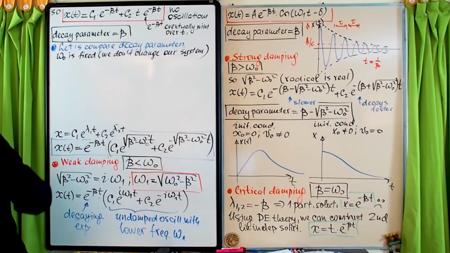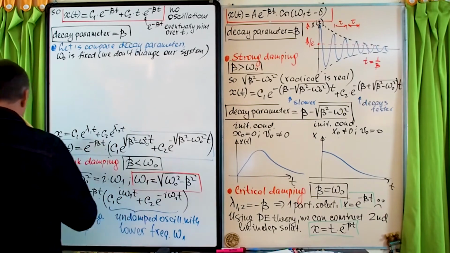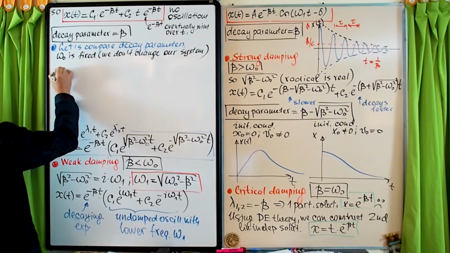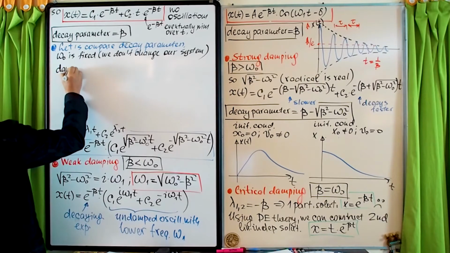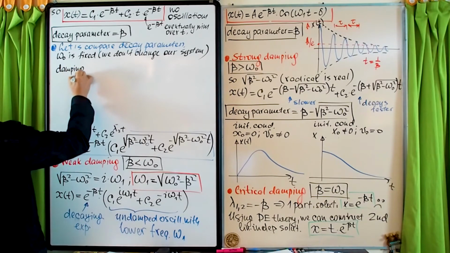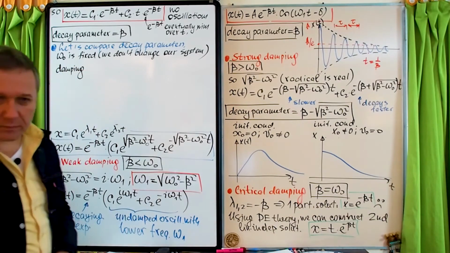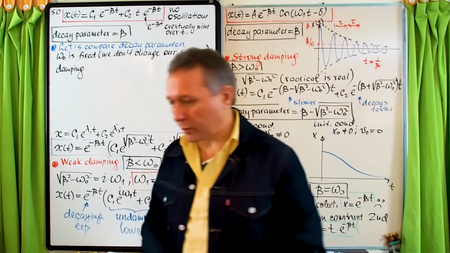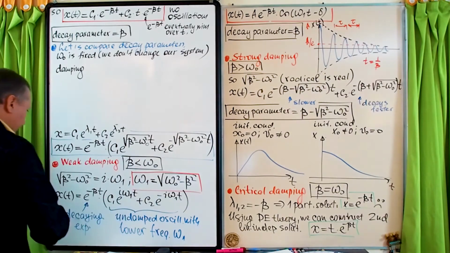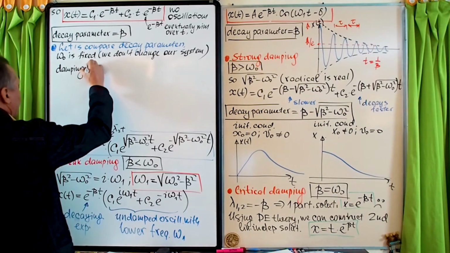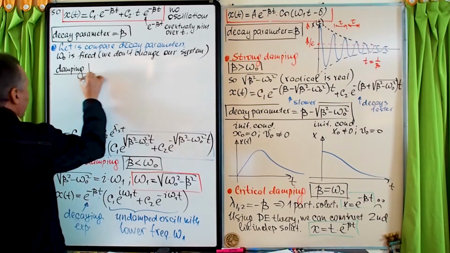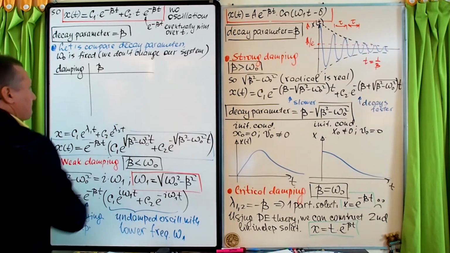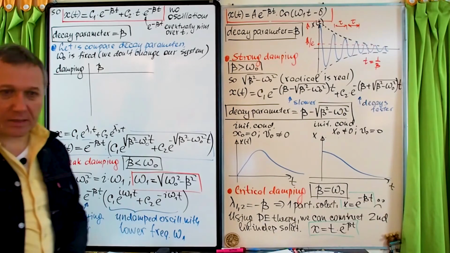So now let me create the table first. In the first column, it's the damping case: weak damping, critical damping, over damping. No, first we will start with no damping. Then the second column will be beta, the damping constant.